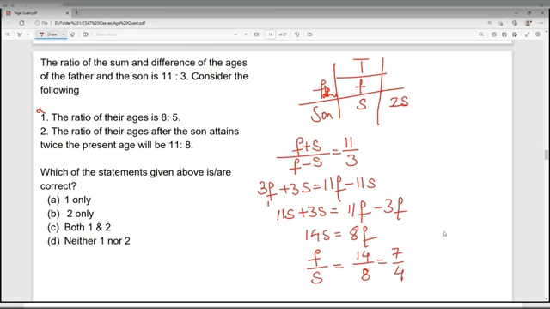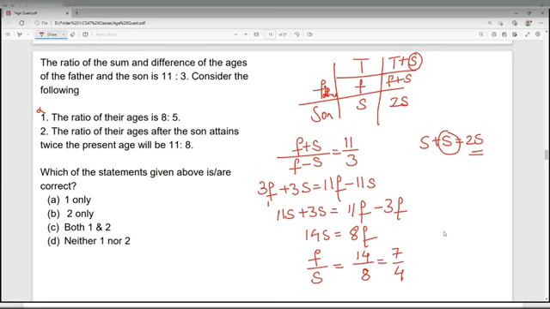From s to become 2s, t should become t plus s, since s plus s is equal to 2s. So after s years, the son's age will become 2s, and the father's age will be f plus s. I hope you understand this.